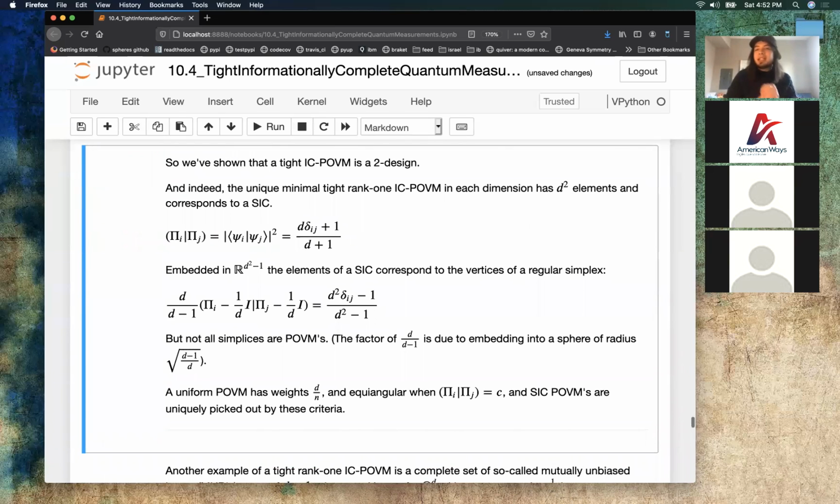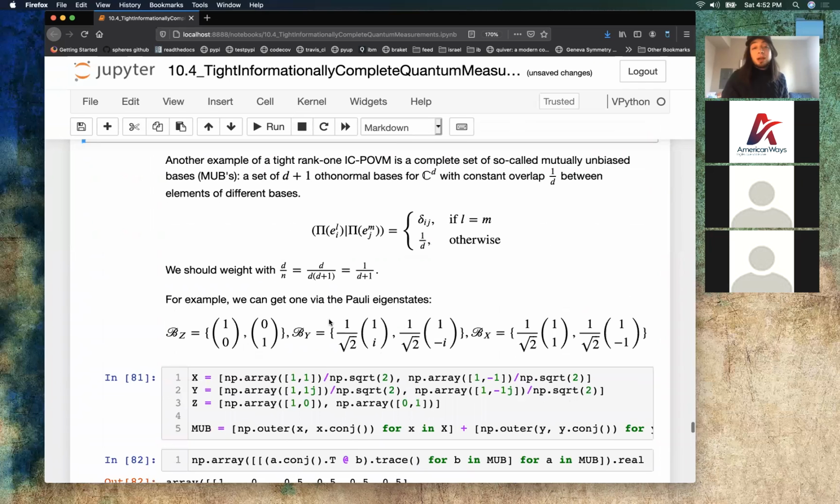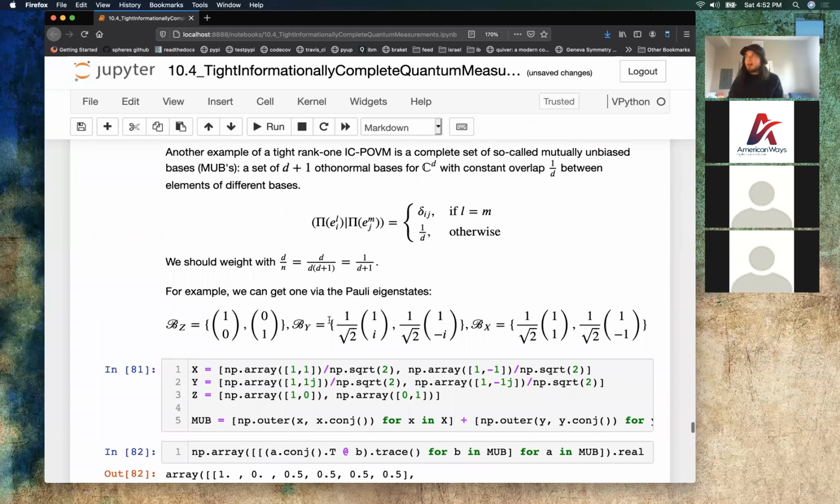And indeed, the unique minimal rank 1 informationally complete POVM in each dimension that has d squared elements corresponds to a SIC. You might wonder though, so the SICs are minimal, they're tight IC POVMs, that's great. Are there other examples that we can talk about?